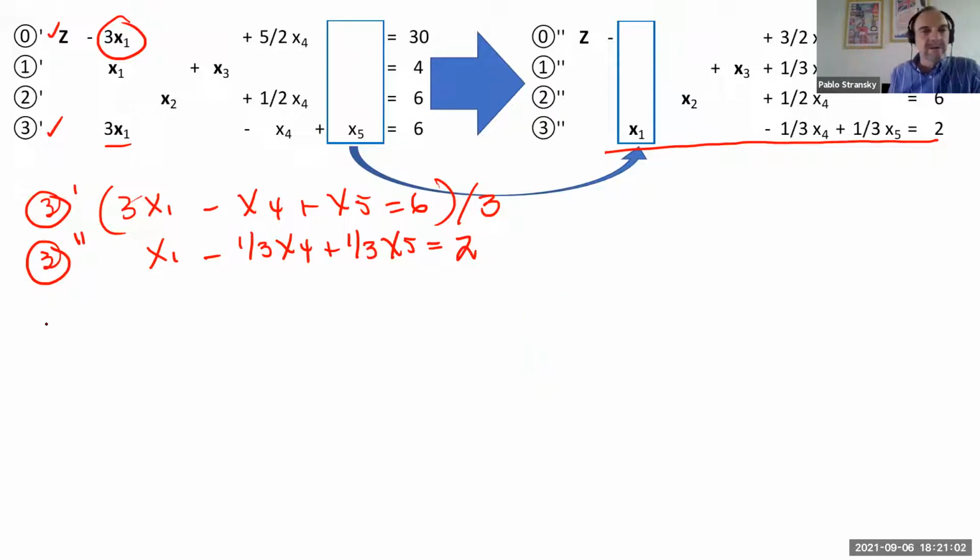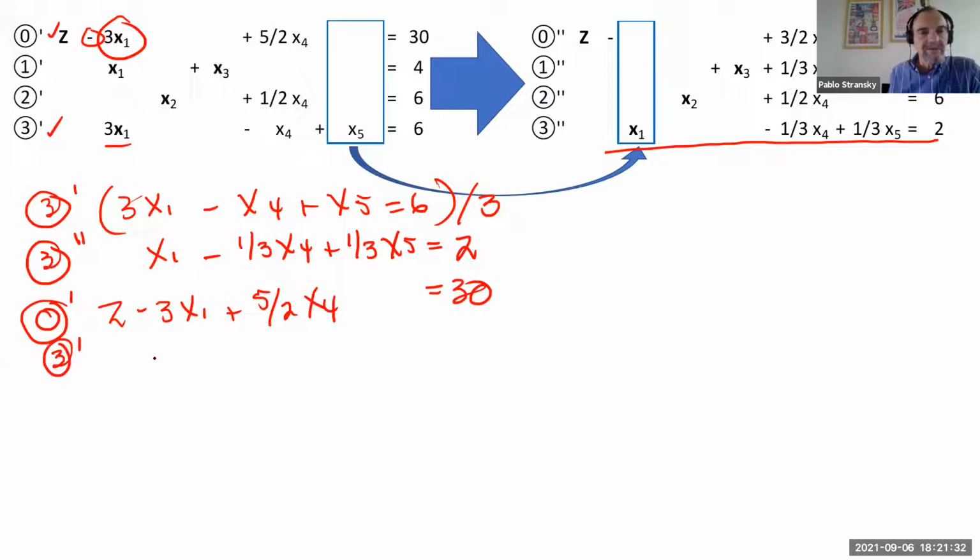So I got 0 apostrophe: z minus 3x1 plus 5 halves of x4 equals 30. And I'm going to be adding, because I already have the negative value here, equation 3 apostrophe: 3x1 minus x4 plus x5 equals 6.